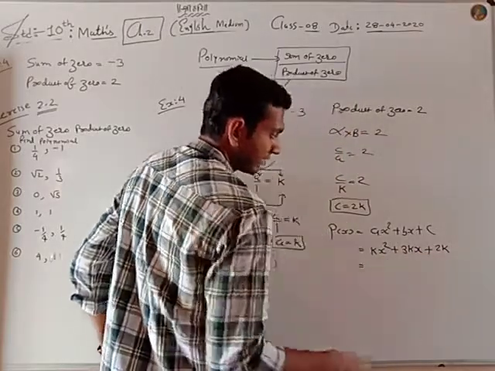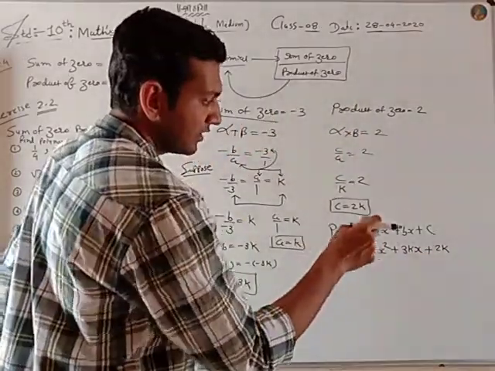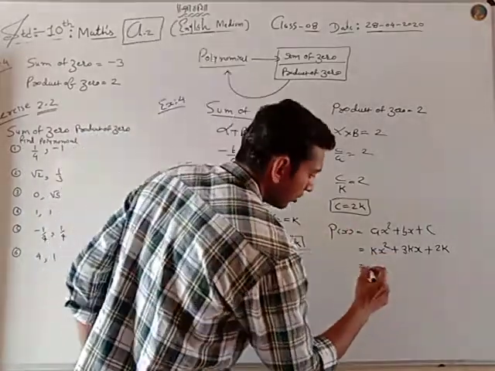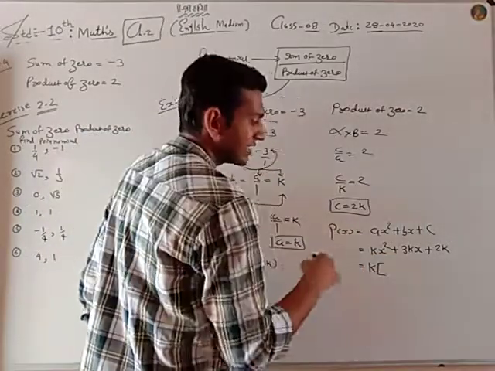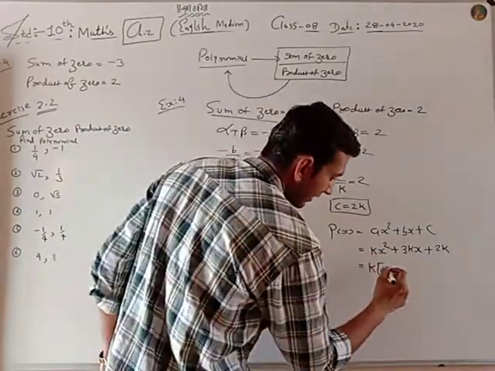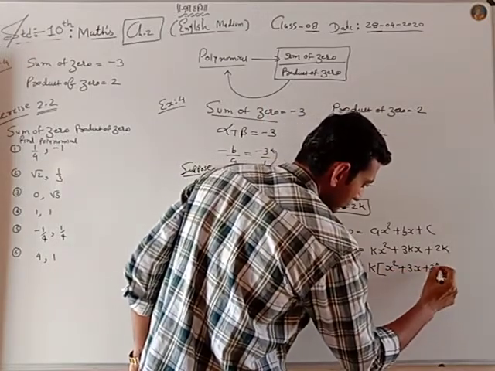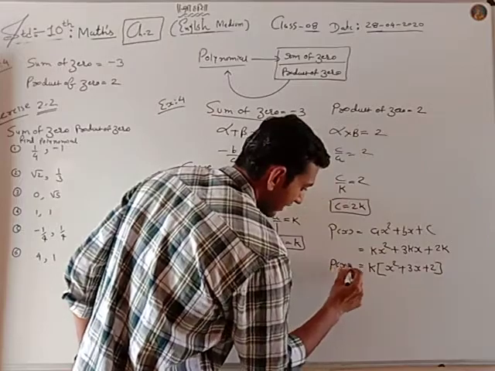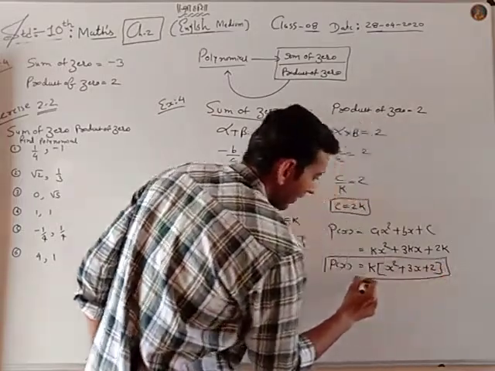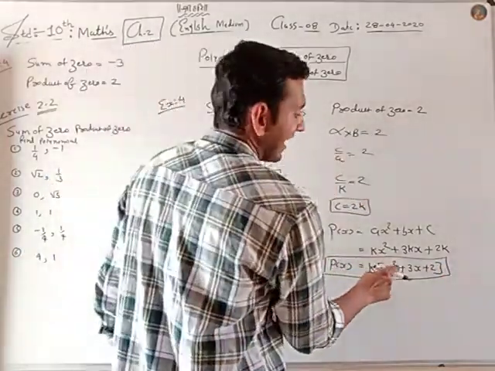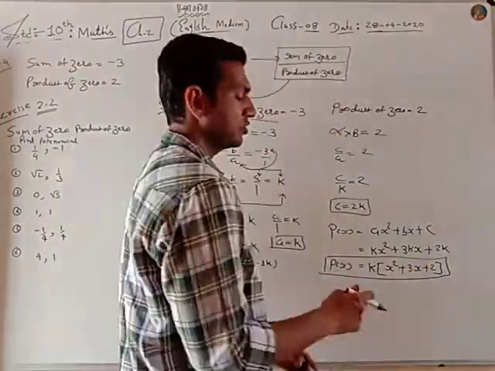Now see, in every term k is there, so take k as common, and the remaining terms are x square plus 3x plus 2. This is my final answer. My polynomial is x square plus 3x plus 2.